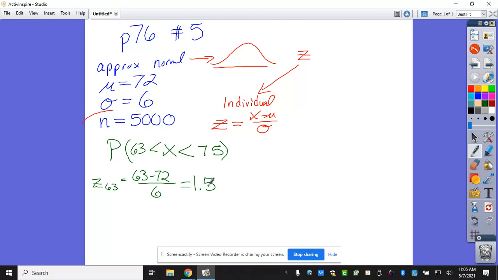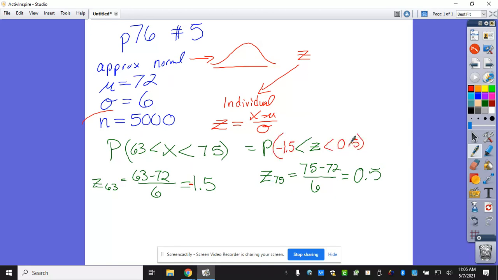I'm doing this in my head, so let me know if I'm off on these. For 75, 75 minus 72, 3 over 6, a half. So now I'm saying, what's the probability that z is between negative 1.5 and 0.5. I'm still basically ignoring the 5,000 right now. Draw my curve. I got negative 1.5 here, 0.5 here, and I'm shading between.